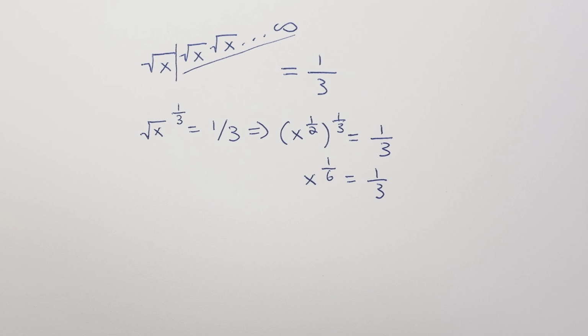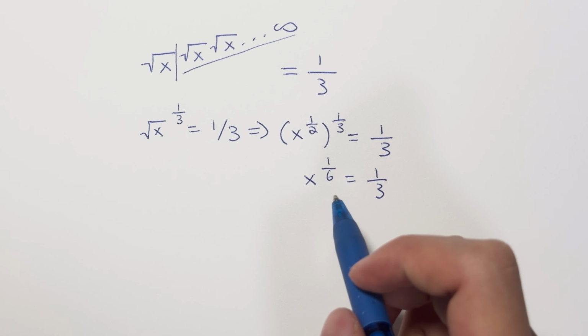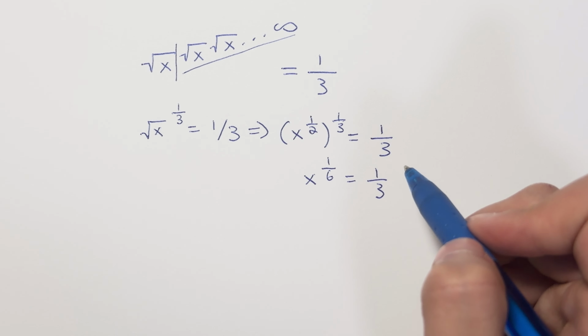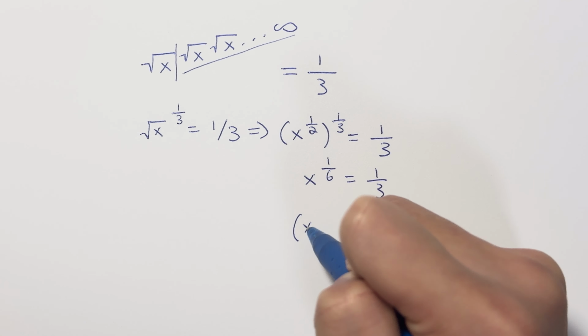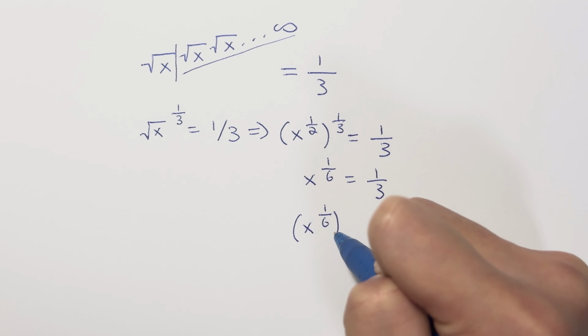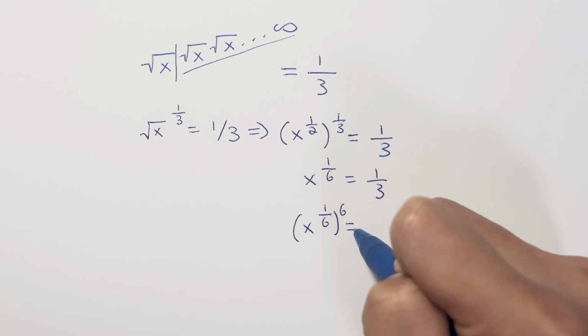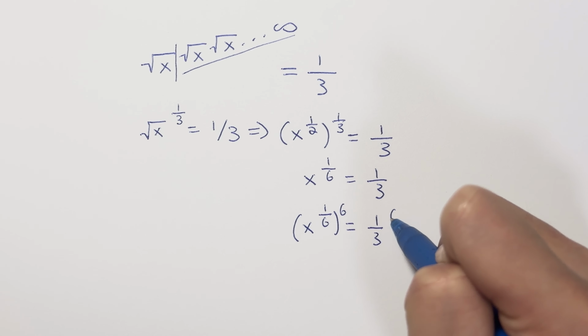And now the goal would be to remove the 1/6. To do that, we can raise both sides to the power of 6. x to the power of 1/6 to the power of 6 would equal 1/3 to the power of 6.